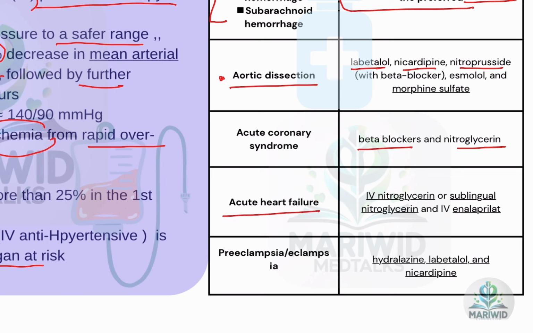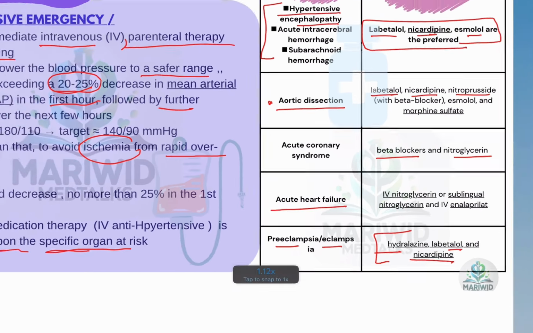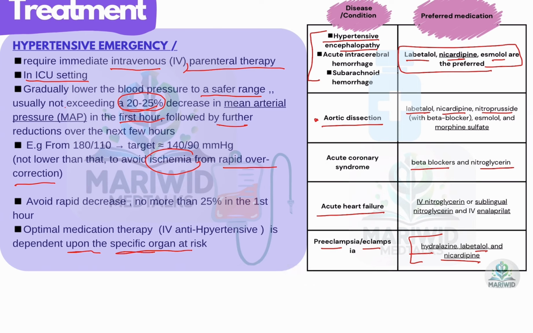In acute heart failure, IV nitroglycerin or sublingual nitroglycerin and IV enalaprilat. In case of preeclampsia and eclampsia, hydralazine, labetalol, and nicardipine are the preferred medical treatment.